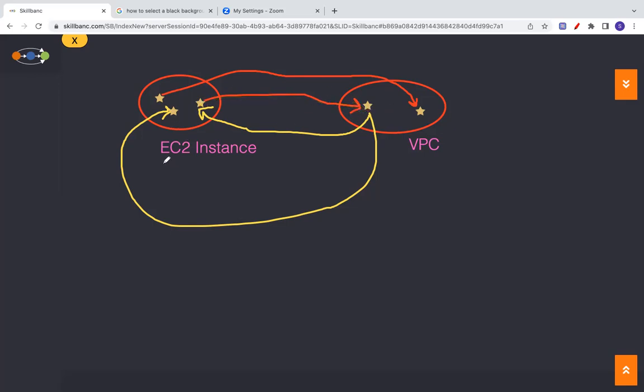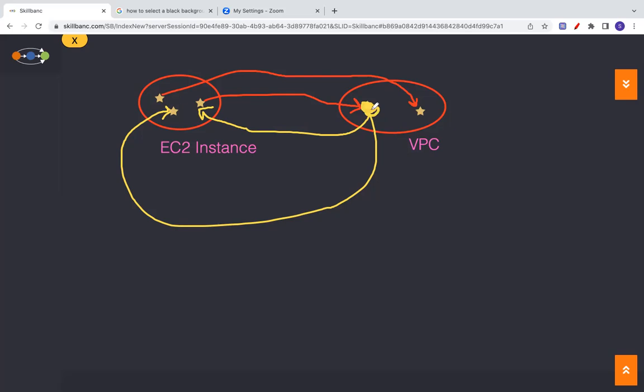So basically, this tells what type of object this is. These are all EC2 instances. There are 3 EC2 instances. Okay. And how many VPCs do I have? 2 VPCs.